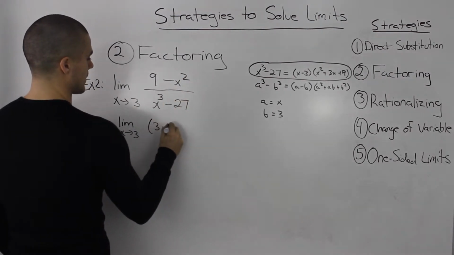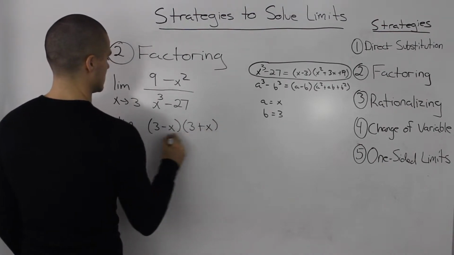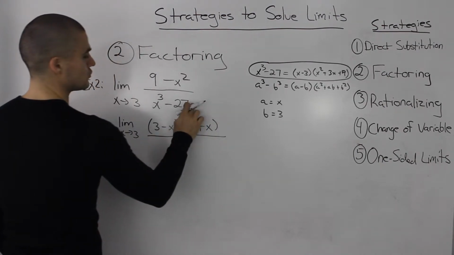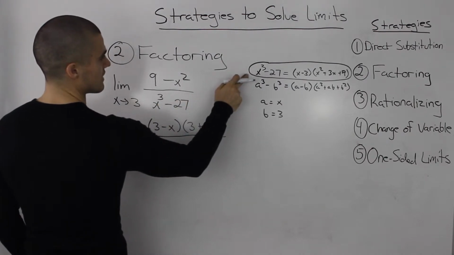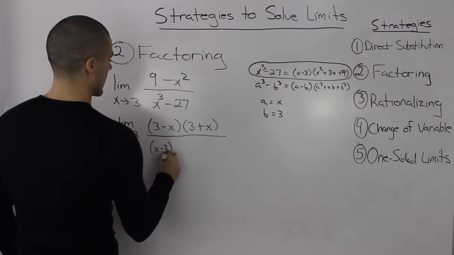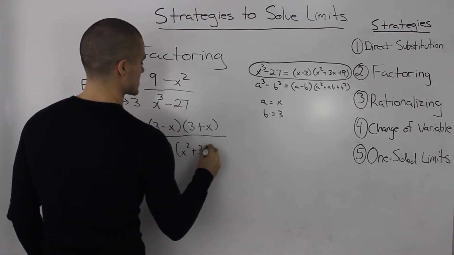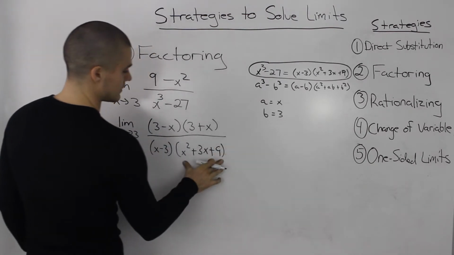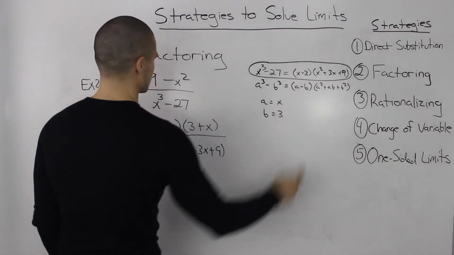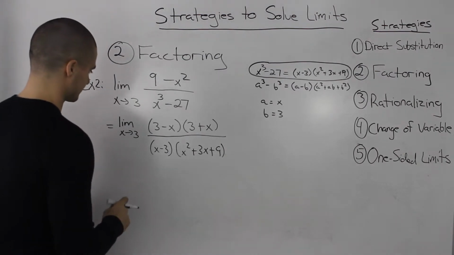So we'll have 3 minus x and 3 plus x, all over x cubed minus 27, which we factored there: x minus 3, and then x squared plus 3x plus 9. This bracket here in the difference of cubes, we can't factor it anymore. So we just leave it like that.